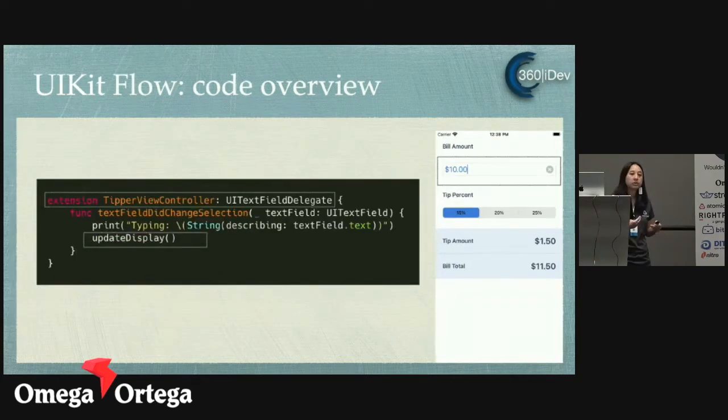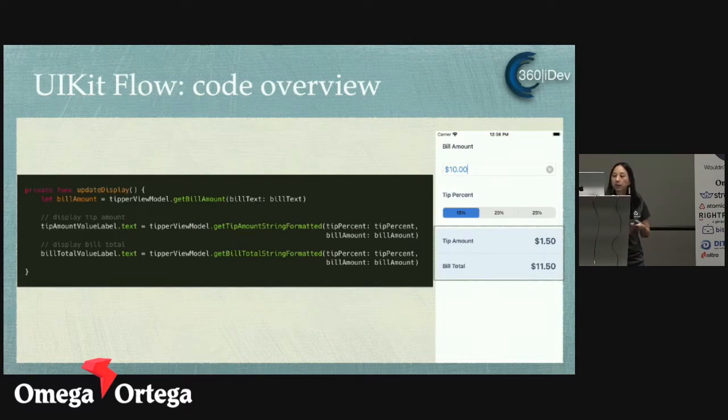We also want to inform the app when the bill amount changes and to call update display so that the tip amount and bill total can be updated. We do this through the delegate pattern of UIKit by implementing UITextFieldDelegate, which gets called when the value in the bill amount text box changes.